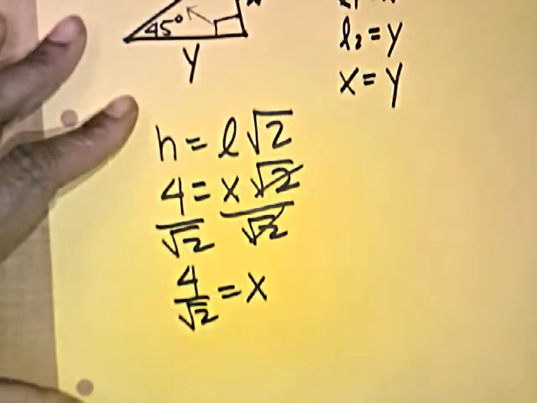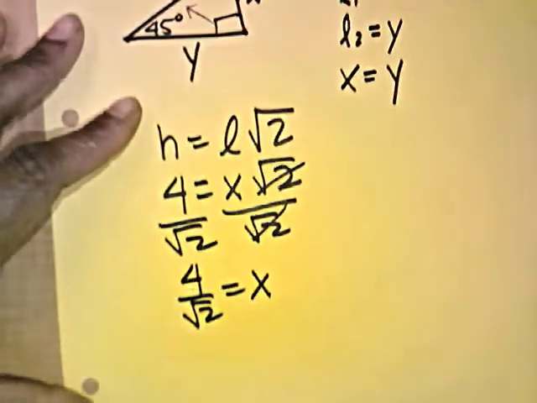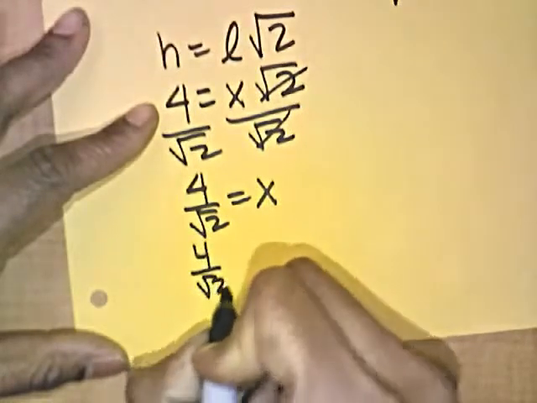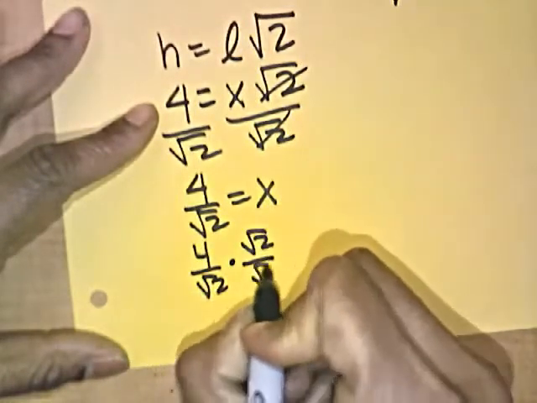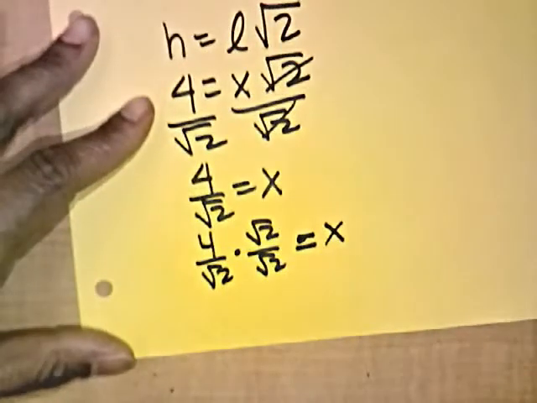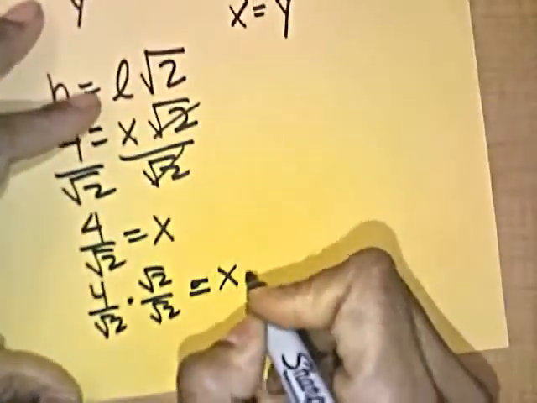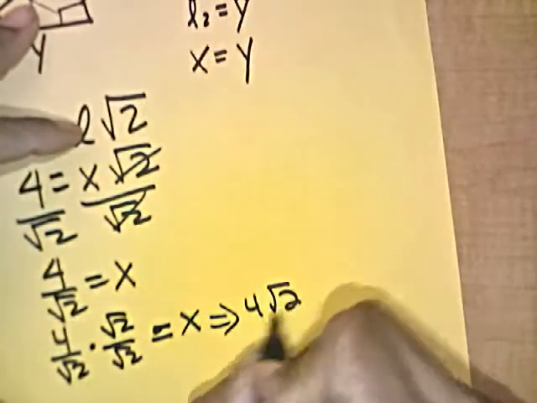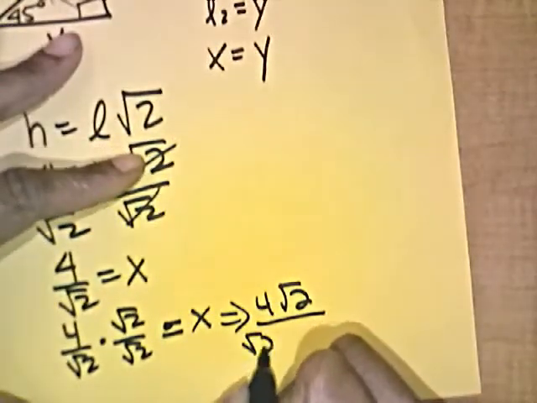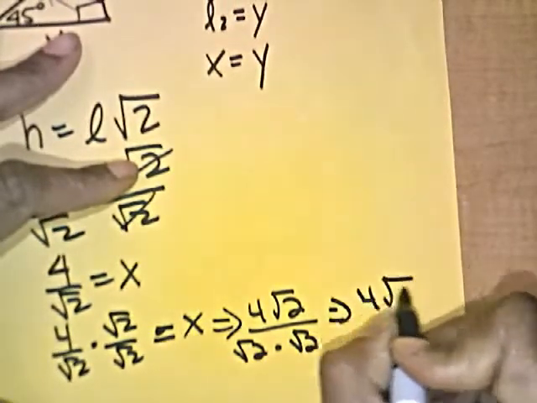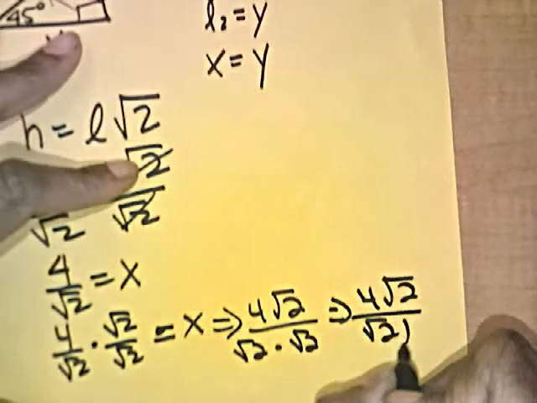But I know that I cannot leave that like that. I cannot leave the square root of 2 in the denominator. So that means that I have to multiply by 1. And when I do that, that leads to 4 times the square root of 2 all over the square root of 2 times the square root of 2, which happens to be the square root of 2 squared.